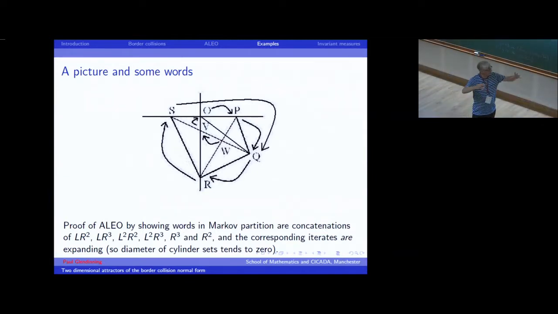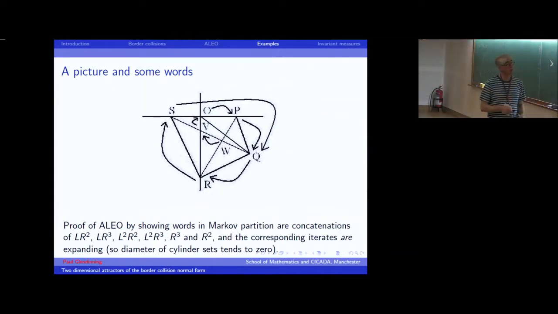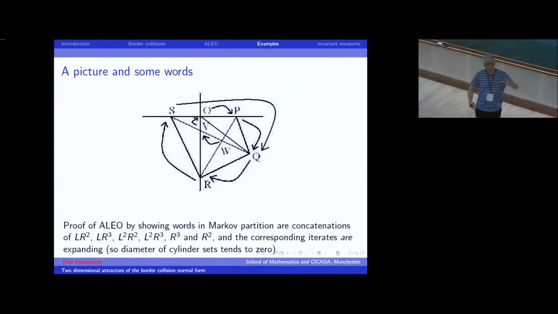And therefore, any iterate that's allowed by this uses combinations of so many on the left, so many on the right, so many on the left, so many on the right, and so on. Those combinations are completely expanding, and so the total thing that you've got is completely expanding. That tells you that any little neighborhood expands in all directions, not just in some.